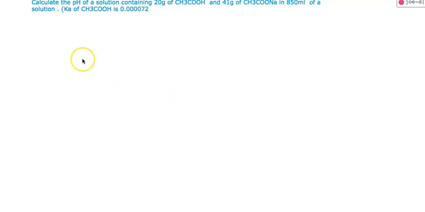We have been given the Ka again of the acid. Okay, so what we want to do is to plug them in. We have the masses. So in order to work out the number of moles for the calculation, we need to work out the molar masses of the various components, the acid and the salt.